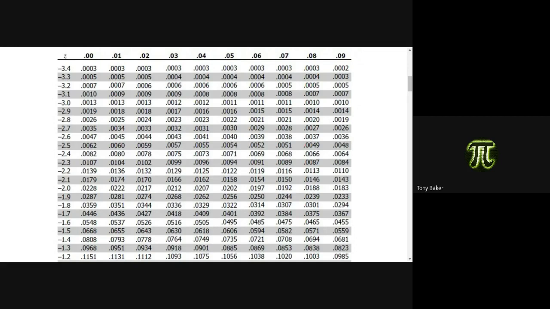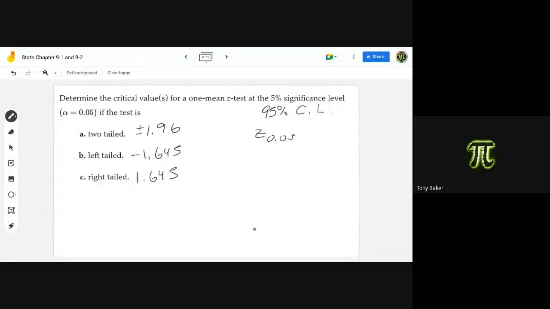Now, here's the nice thing. Do those ever change? Did we use a problem to get those numbers? No. Those are your actual numbers for a 95% or 5% significance level. Those three numbers will never change. Okay, so if you write that down, if I'm looking at a 5% significance level two-tailed test, my z-score is plus or minus 1.96. Period.